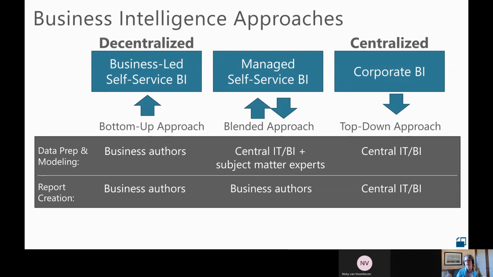If we go way to the right, a more centralized team like IT or your central BI team is doing all of the end-to-end work. And then you've got that middle blended approach where perhaps the data preparation is being done by more of a centralized team, and the report creation is being handled by the various authors in the different business units.